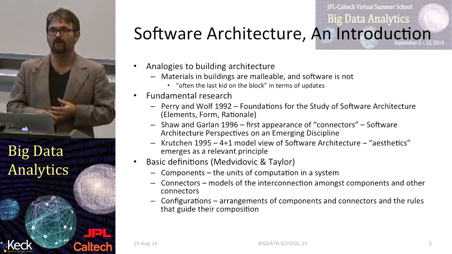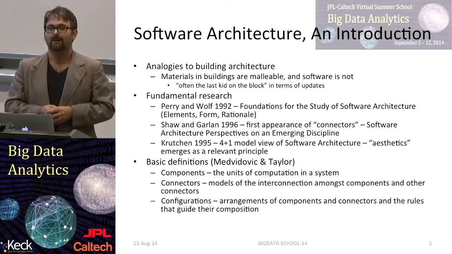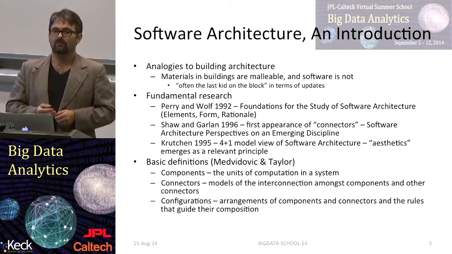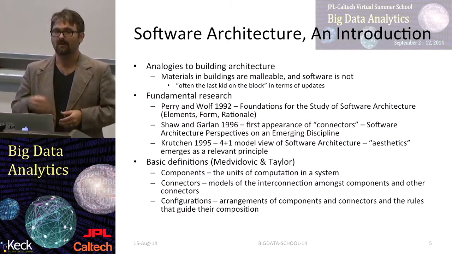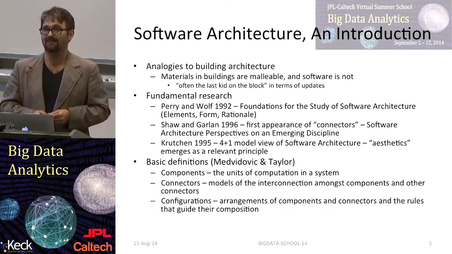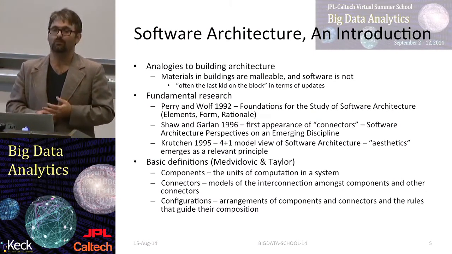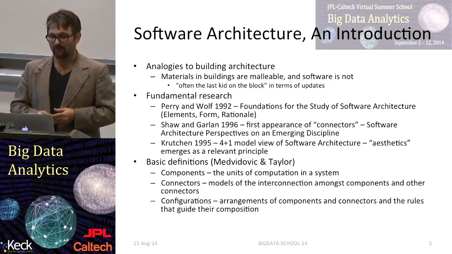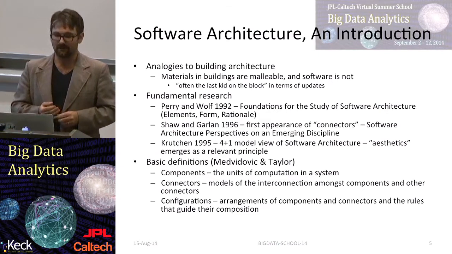They argue that the way components in a software system interact, something called connectors, which are models of the interaction between software components, should have first-class status in software architecture, that the way the interactions occur is really important. We'll discuss some of that in the remainder of the slides today.